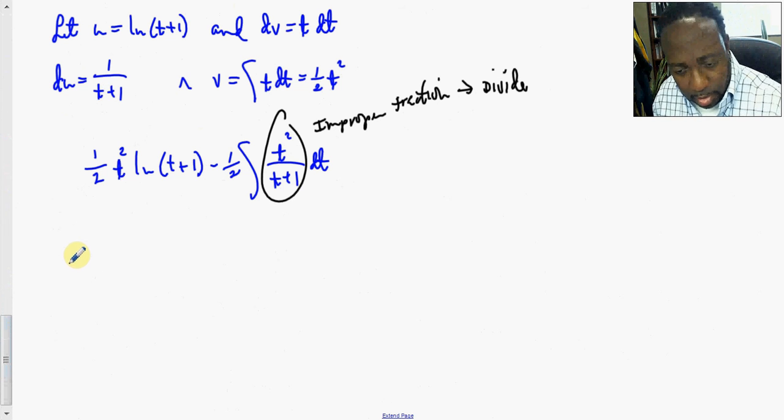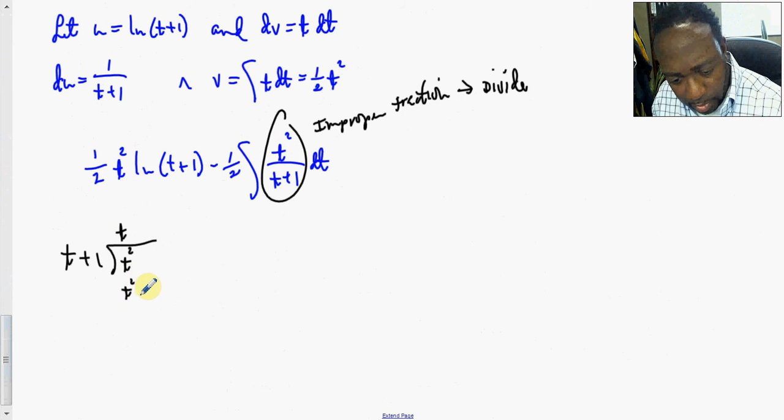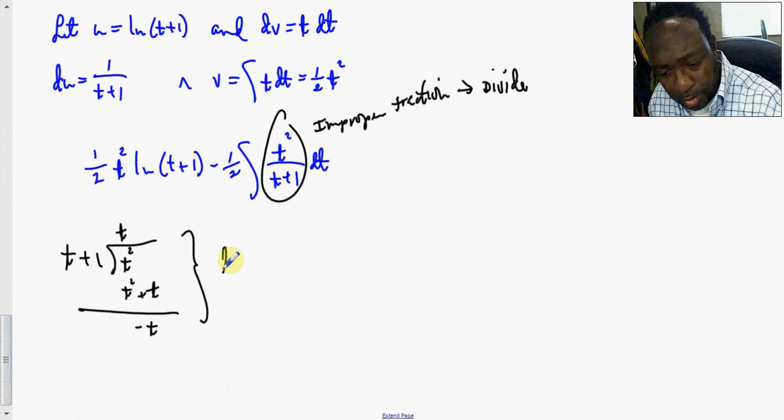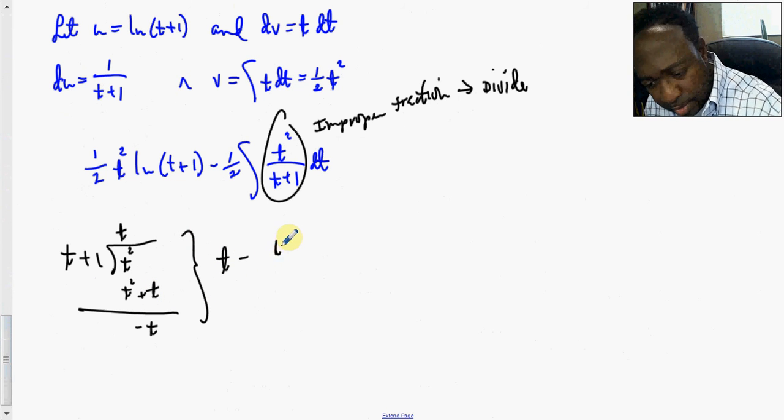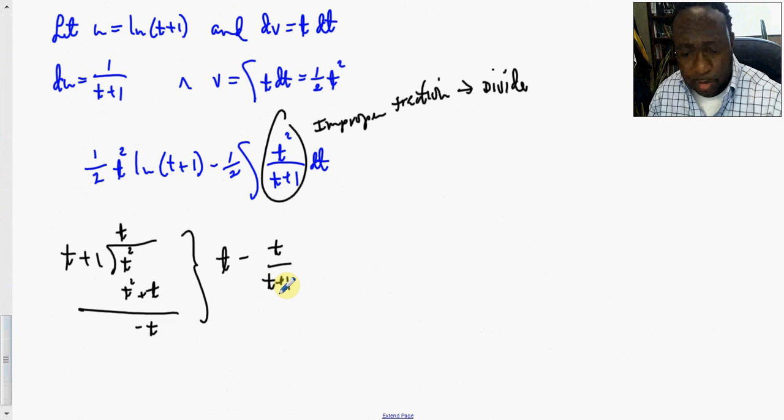So t plus 1 divided into t squared, which is easy. This is t, we get t squared plus t. Draw a line, subtract, we get negative t. So this is t minus t over t plus 1.